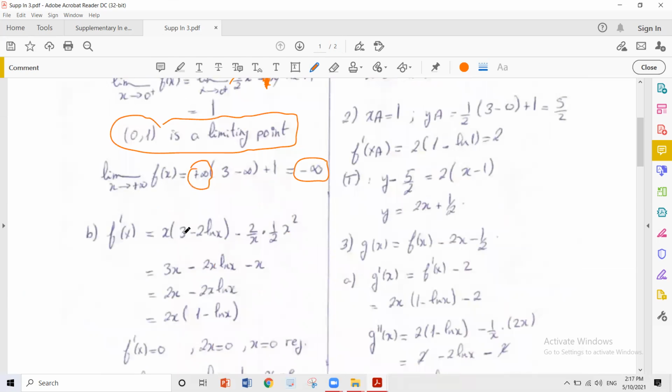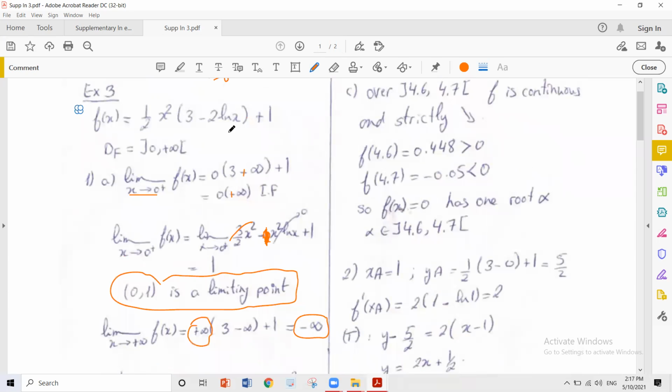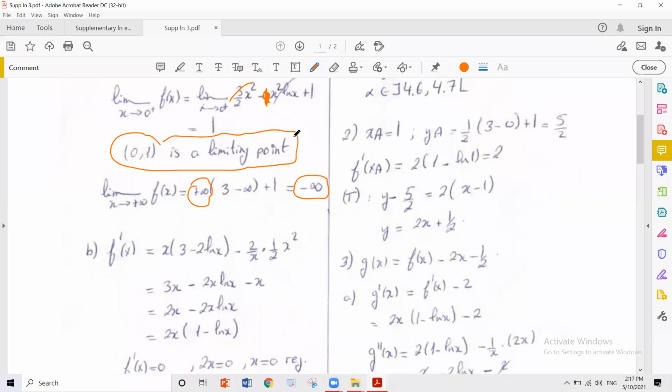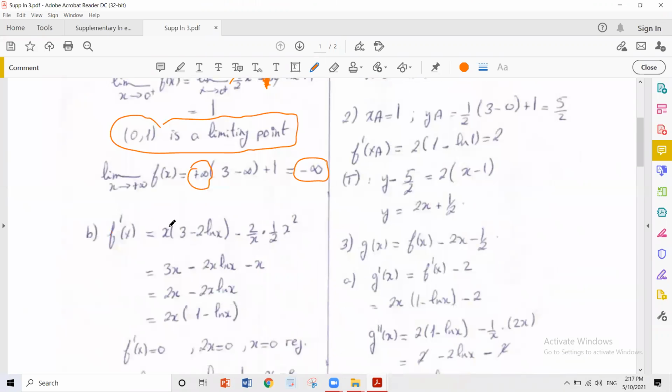So u prime v is x times 3 minus 2 ln x, minus v prime u, the derivative of ln x is 1 over x multiplied by minus 2 over x times half x squared, plus the derivative of 1 is 0.